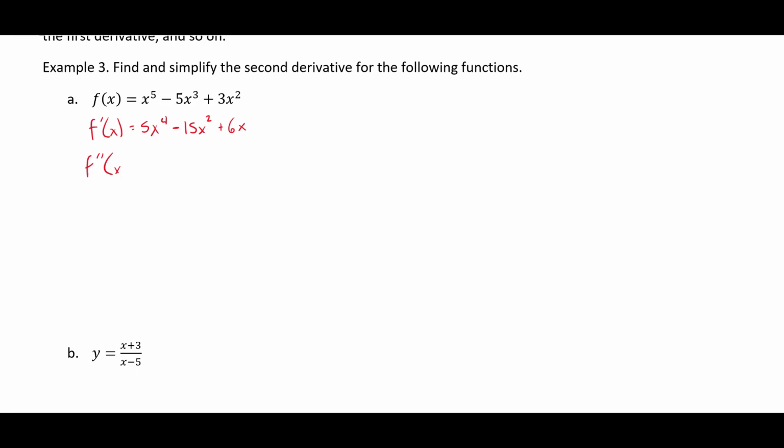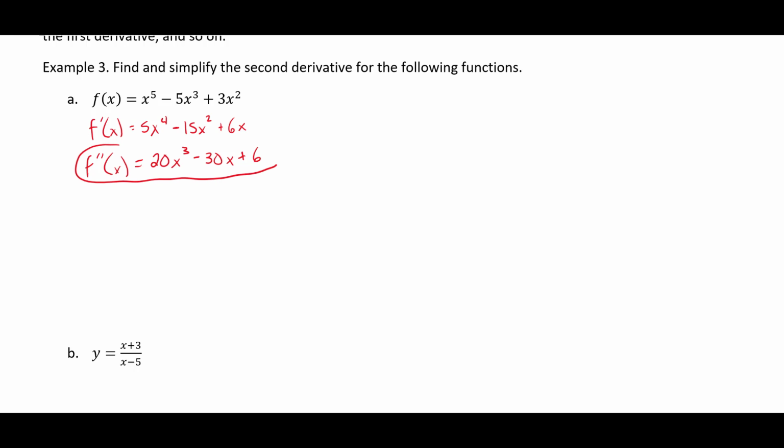So f double prime of x, now, is the derivative of our derivative, so it's the derivative of 5x to the fourth minus 15x squared plus 6x. The derivative of 5x to the fourth: multiply 5 times our power 4, so that's 20x to the third power, minus the derivative of 15x squared, so 15 times 2 is 30, x to the 2 minus 1, or 30x to the first power, and the derivative of 6x is just 6.